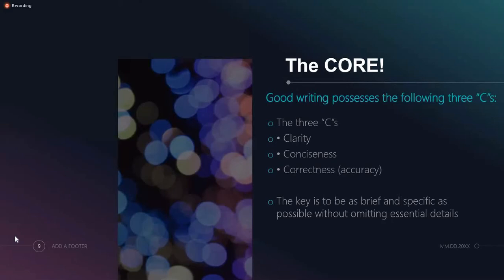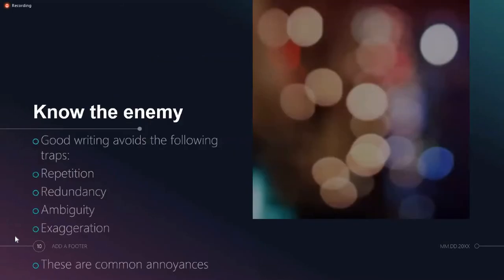If you are able to express your ideas in small sentences, the reader will be very happy and can easily understand what you are trying to tell him. So brief and specific. So what are your enemies while writing?